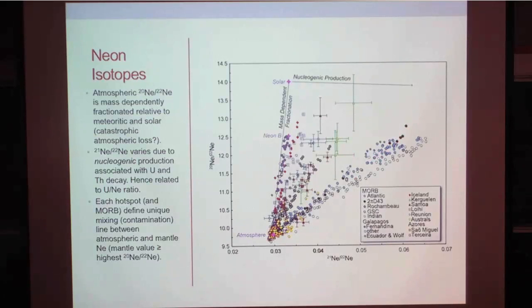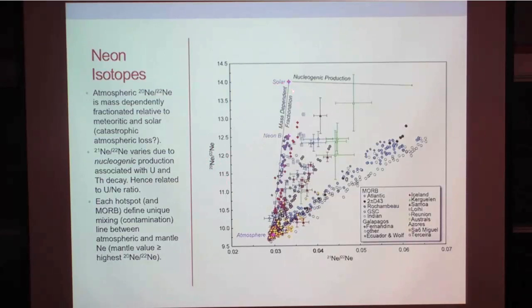A couple of things are going on in neon. First of all is mass-dependent fractionation. The atmosphere is very depleted in the lightest neon isotope, neon-22, relative to neon-20 compared to what we see in chondritic meteorites, and this is solar. This is thought probably to be due to catastrophic atmospheric loss early in the Earth's history, when we lost neon-20 in preference to neon-22.